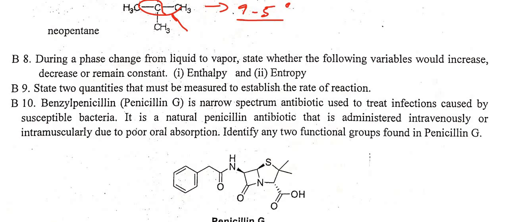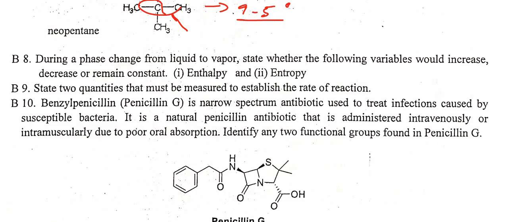Entropy is the chaos, the disorderliness of things moving up and about. If you're moving something from liquid to vapor, the disorderliness gets worse, so entropy increases as well. They both increase. Enthalpy is just the energy, it has to increase to convert a liquid into a vapor. Entropy is the chaos that is going to exist, and it also increases because we are changing from liquid to gas.